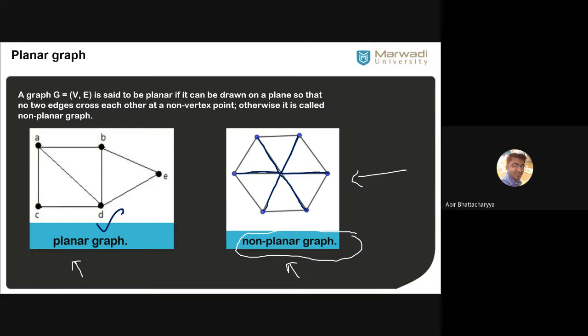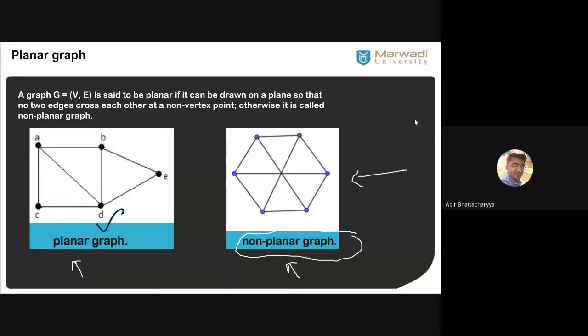This is a non-vertex point. This is not a vertex. So there is a non-vertex point where the edges have a crossover. So edge crossover at a non-vertex point implies it's going to be a non-planar graph.